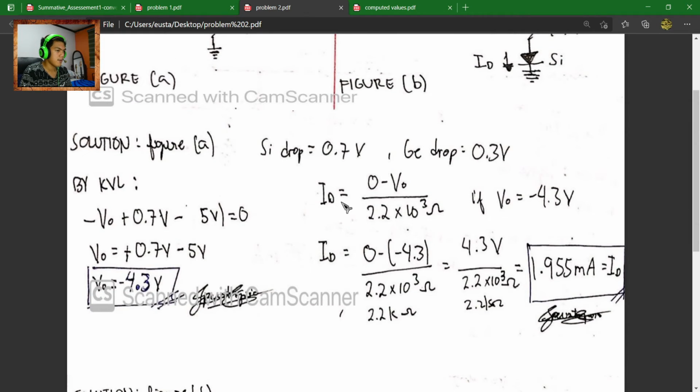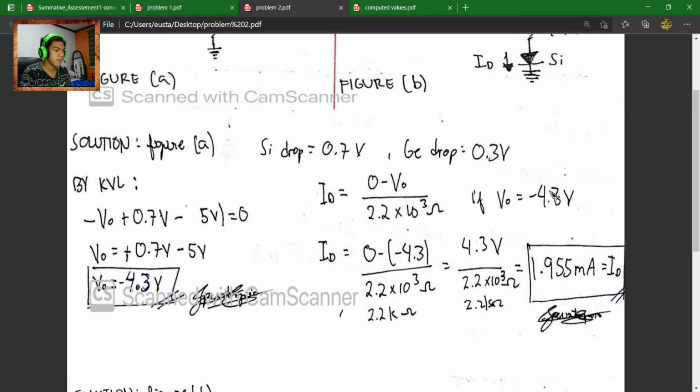And for the current of the diode, we are going to use this formula: 0 minus VO divided by 2.2 times 10 raised to the third power ohms, or 2.2K ohms.